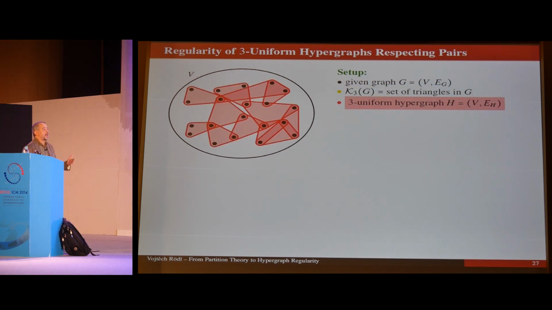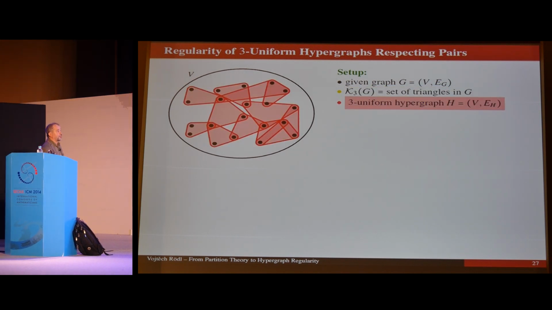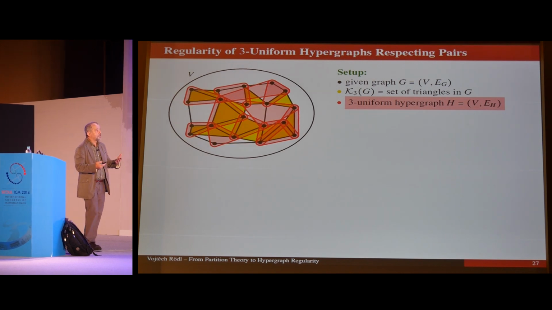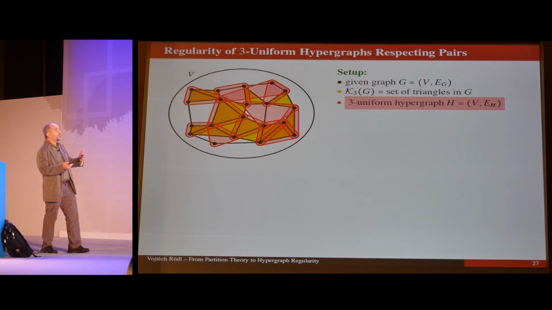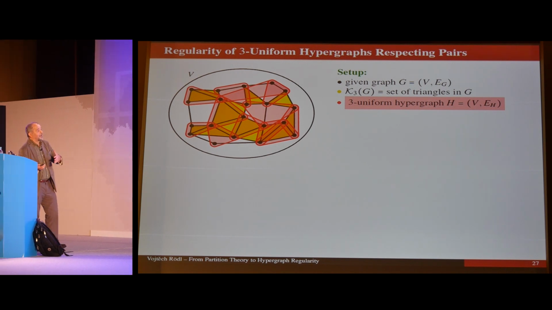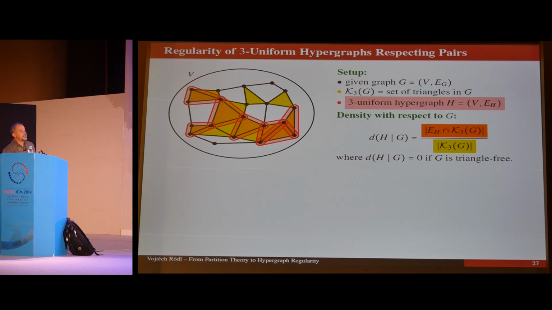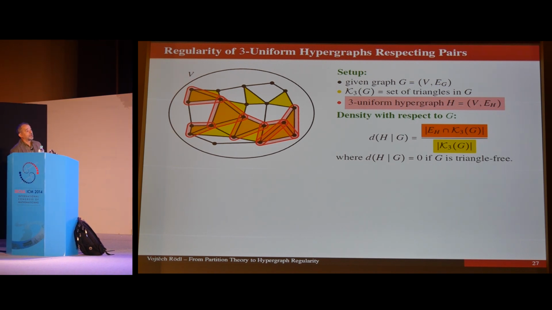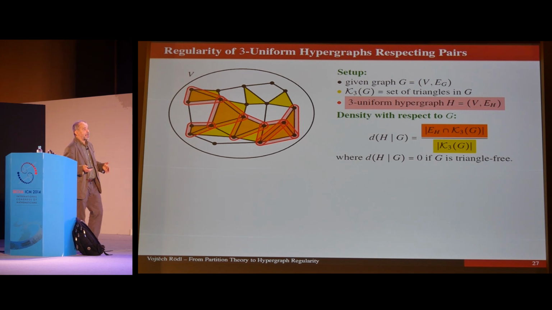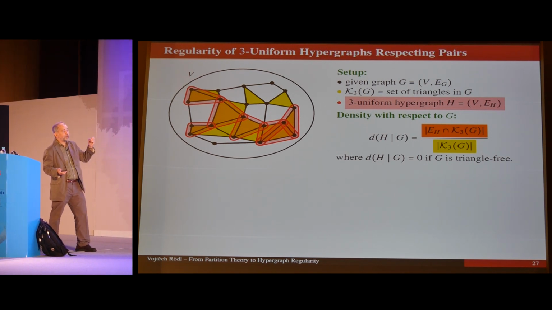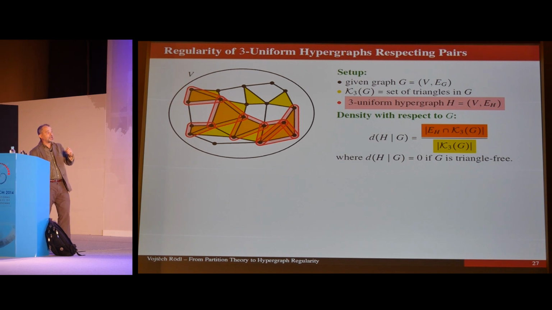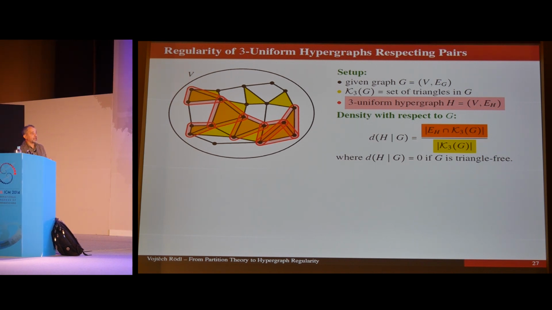And on the same set, I consider a 3-uniform hypergraph, and I will compare the graph and the hypergraph. Before, I was comparing the graph with respect to a subset of vertices. Here I compare the hypergraph with respect to a subset of pairs. We define the density as a ratio where the numerator counts those triplets which are edges of the hypergraph and also triangles of the graph, and I divide it by the number of triangles of the graph. And of course, if I would divide by 0, I set it equal to 0.